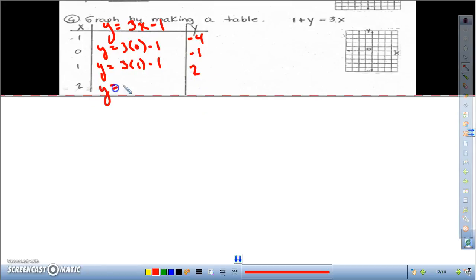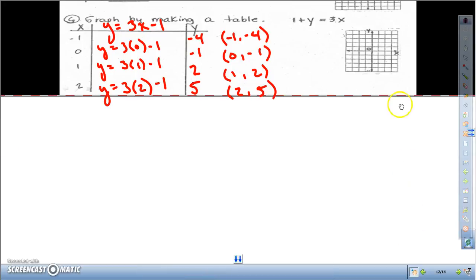When I plug in 2 for x, I get a y value of 6 minus 1, which is 5. And each one of these, going from left to right, builds an ordered pair. This is -1, -4. This is 0, -1. This is 1, 2. And this is 2, 5.